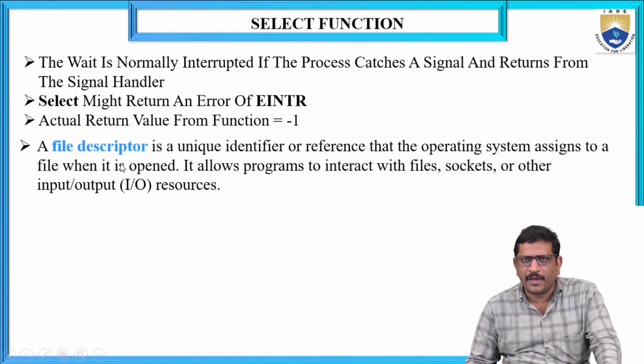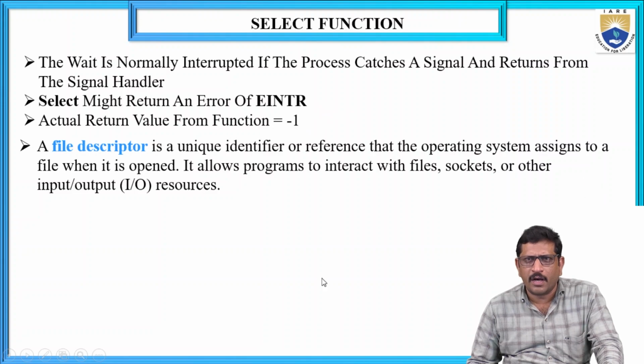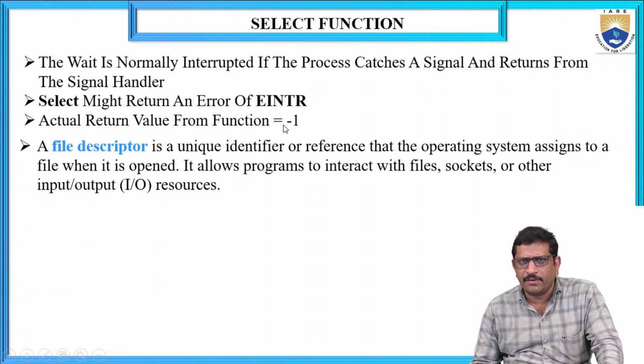A file descriptor is a unique identifier. What is a file descriptor? It is a unique identifier or reference that the operating system assigns to a particular selected file or device when it is opened.